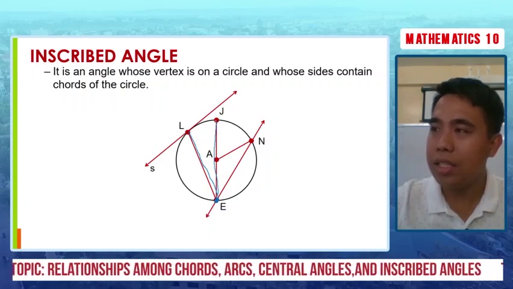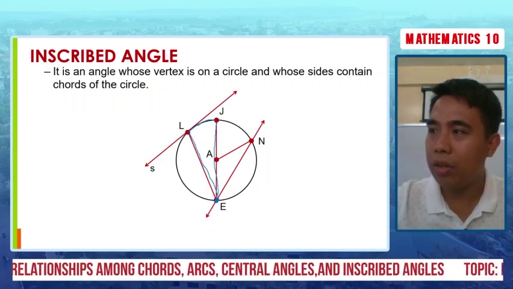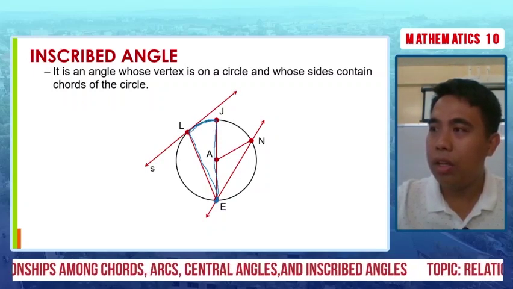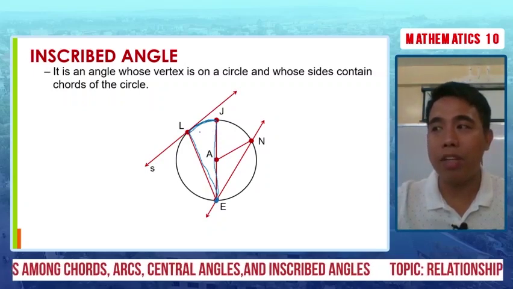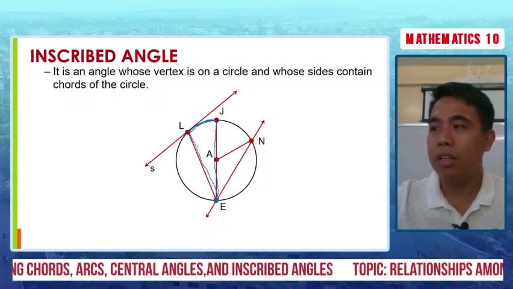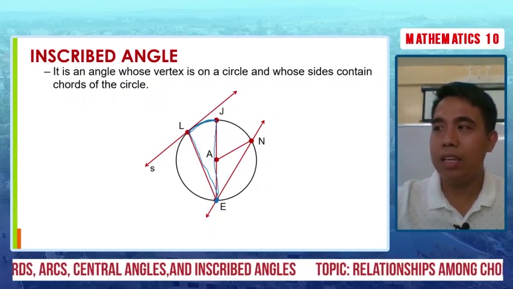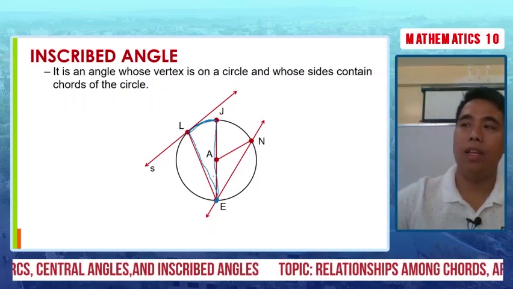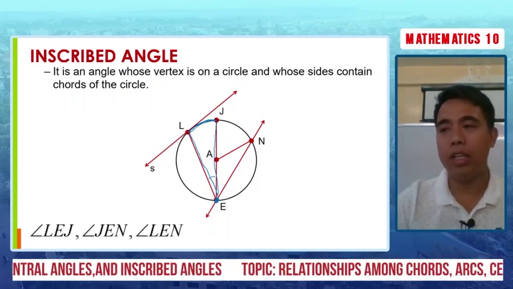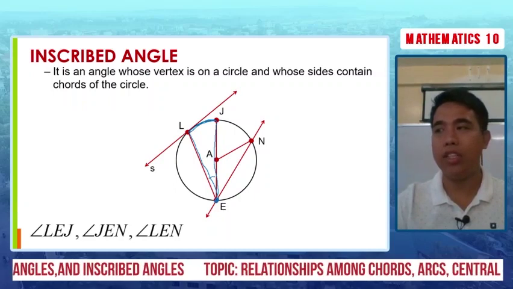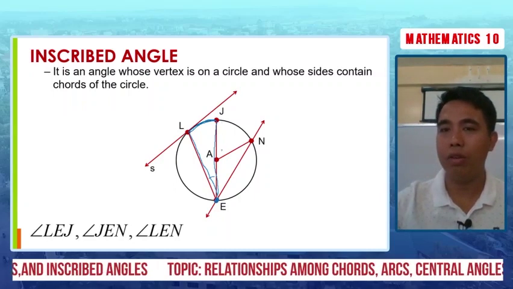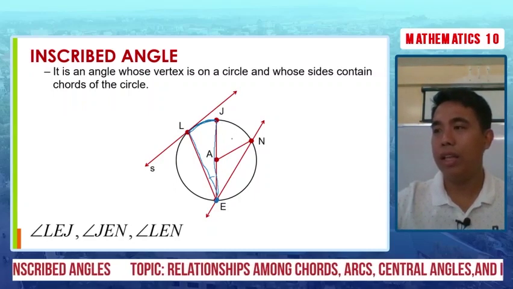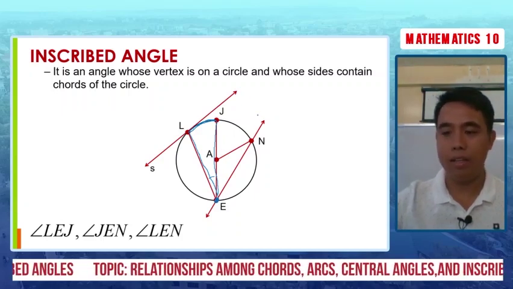And this arc ay tinatawag nating intercepted arc of the angle L-E-J. Another inscribed angles are angle J-E-N, itong portion na to, and then angle L-E-N.